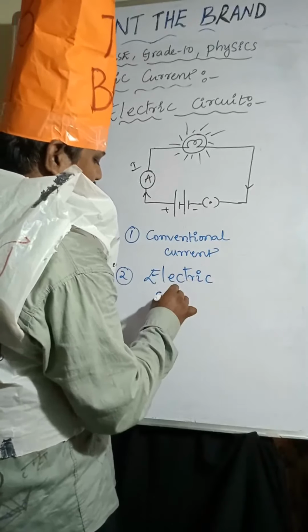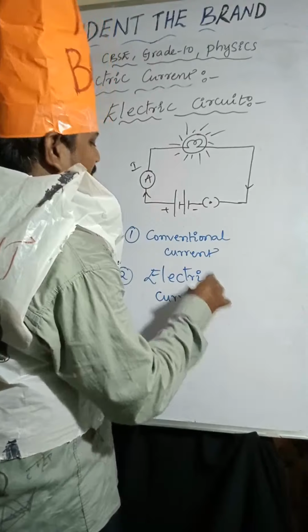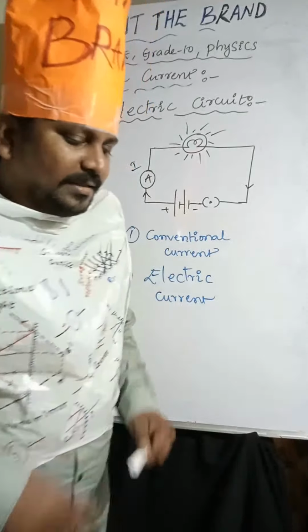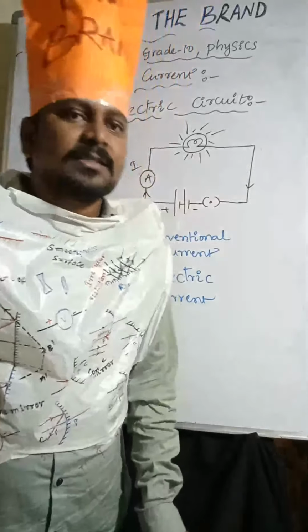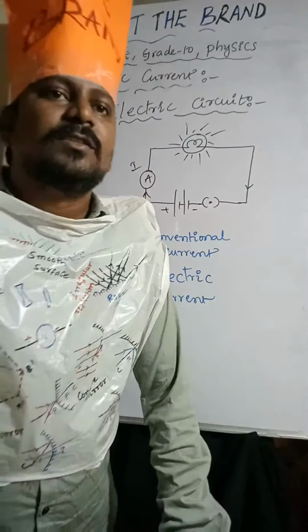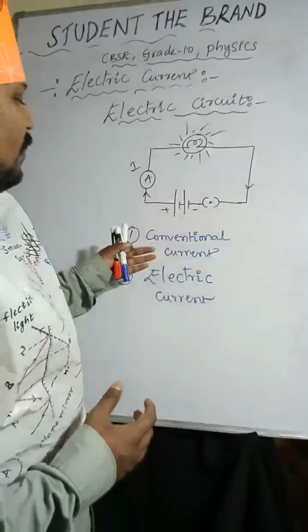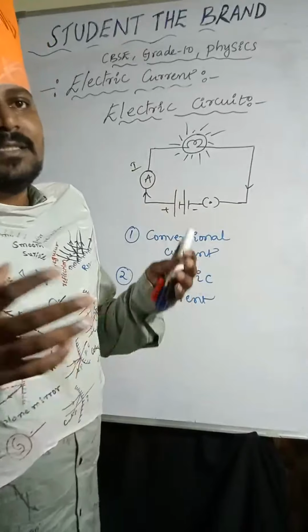Conventional current is nothing but the flow of positive charges. The flow of electrons is known as electric current.